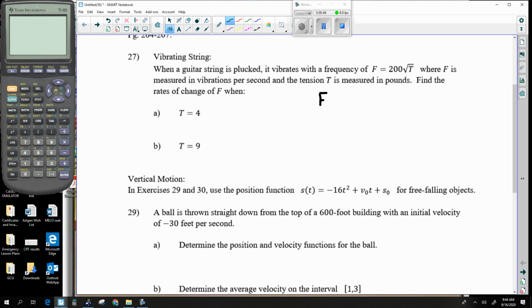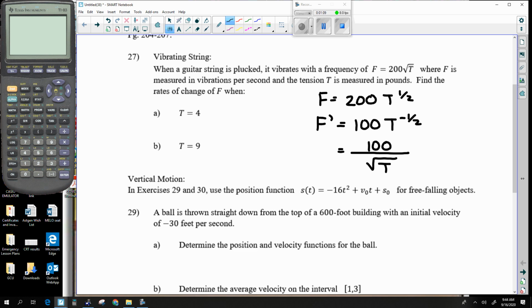Right now, F is equal to 200 T to the 1/2. So the derivative of that is equal to 100 T to the negative 1/2, which is equivalent to 100 over the square root of T.